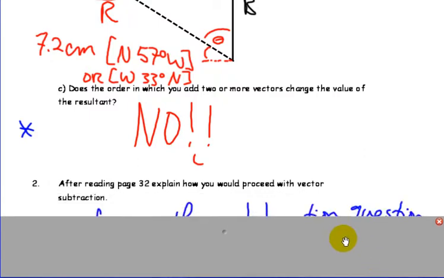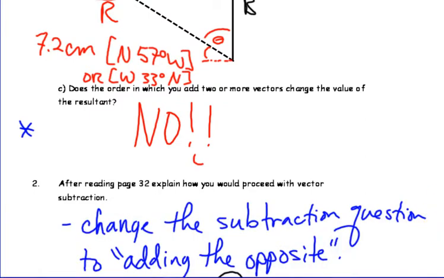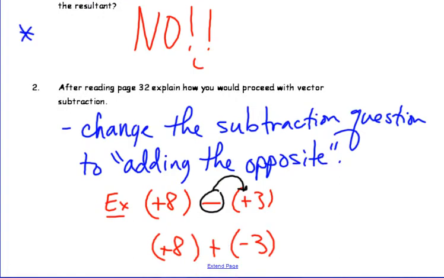So if you look at number 2 here, after reading page 32, vector subtraction. What we do here, when I mentioned this earlier on in another lesson, is change it to adding the opposite. Really, subtraction is the opposite of a number. So 8 minus 3 could be thought of as 8 plus negative 3, or the opposite of 3.